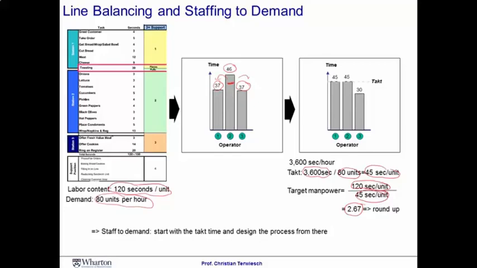The tasks often cannot be divided as easily as second by second. However, I find that starting with such an ideal calculation, that's why it's called the target manpower, is often very eye-opening, and it reminds you of the true productivity improvement potential that there exists in the process. It is then up to you to design the tasks in the process so that line balancing will become possible.